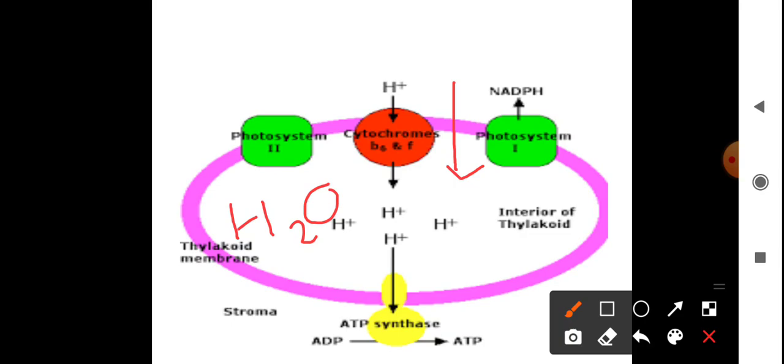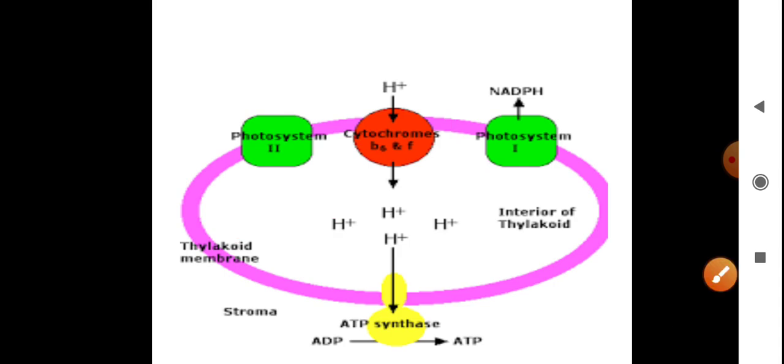So due to these, the concentration of protons increases inside the lumen of the thylakoid, and in the stroma the concentration of protons is less, creating an electrochemical gradient, which is very important because the breakdown of this electrochemical gradient will help in the formation of ATP.